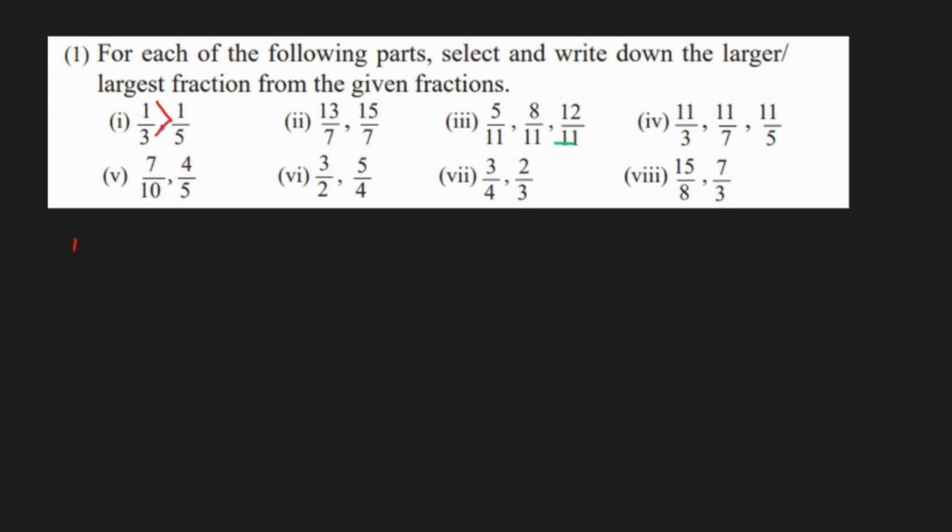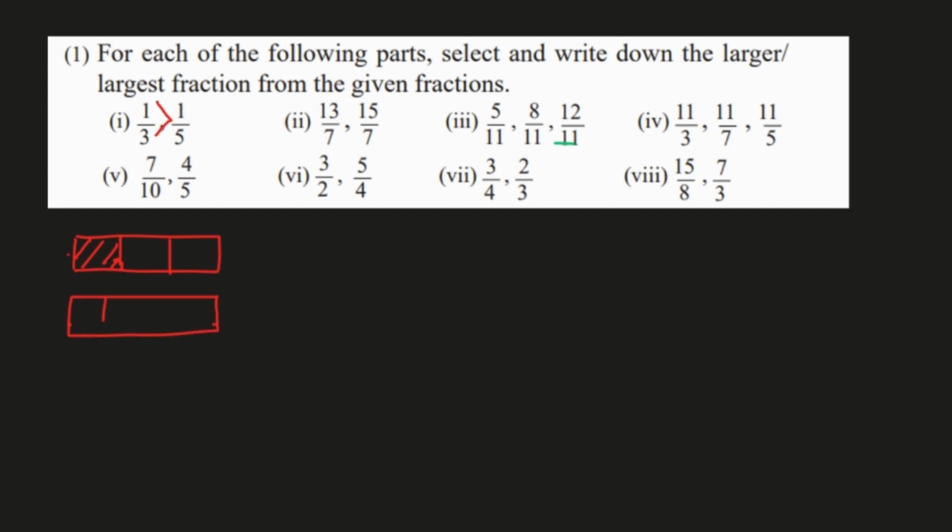How does it happen? Let me just quickly draw this for you, right? Here in the first example, let's assume that this is a rectangle and it is divided into three parts and one part out of it has been colored. And here you can see another rectangle which is the same in size.